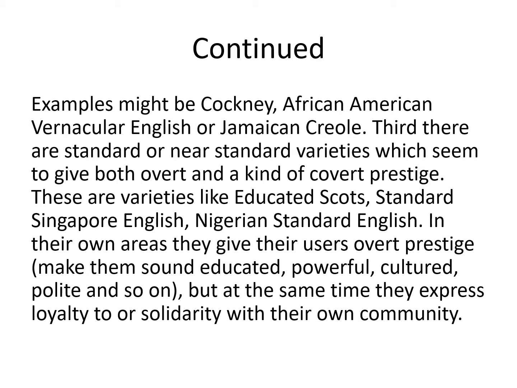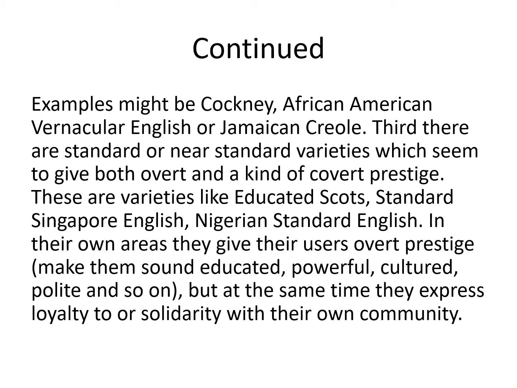In their own areas, they give their users common prestige, make them sound educated, powerful, cultured, polite, and so on. But at the same time, they express loyalty or solidarity with their own community. So these are examples of covert prestige.